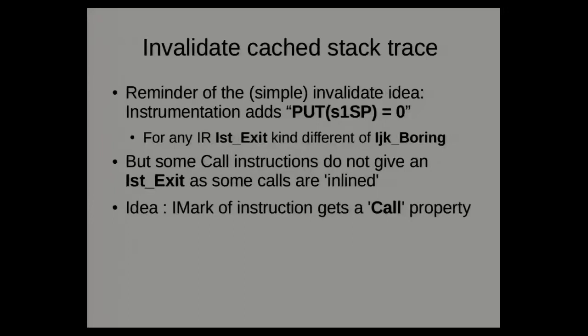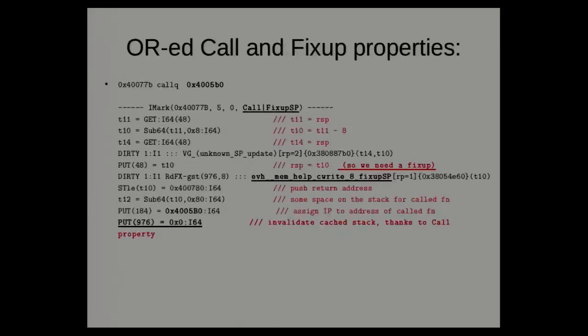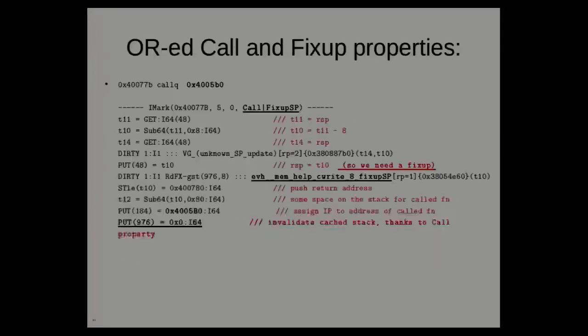So for this, again, the idea is to mark the instruction with a call property, and then again at instrumentation time, if we have a call property, we will add an invalidation. So this is an example where we have two properties added to the instruction, a call property and a fix-up property, because this call suffers from the two problems I have described. And so we are here calling the fix-up, and we have added here an invalidate of the cache stack trace.